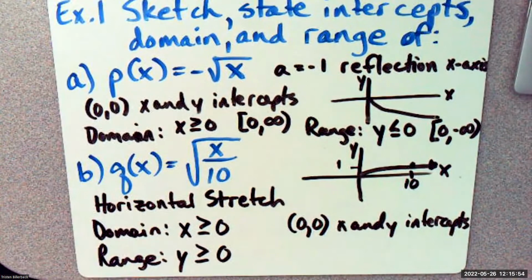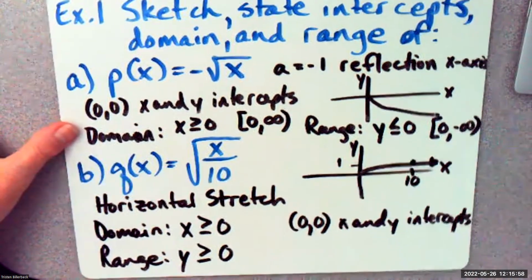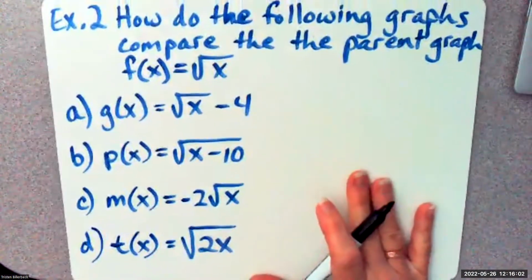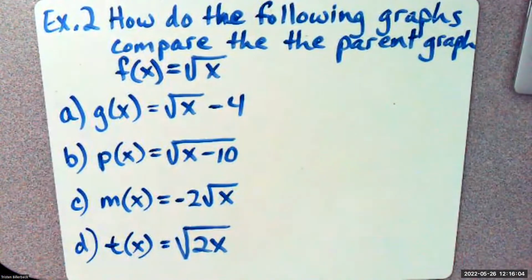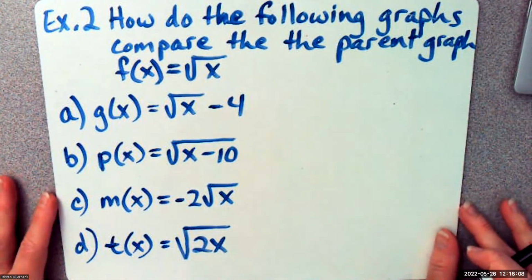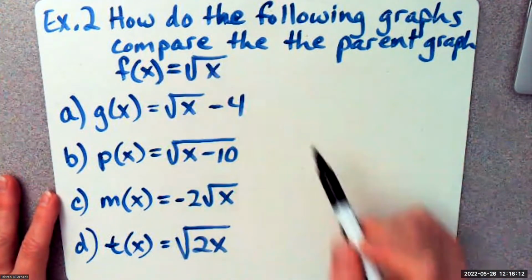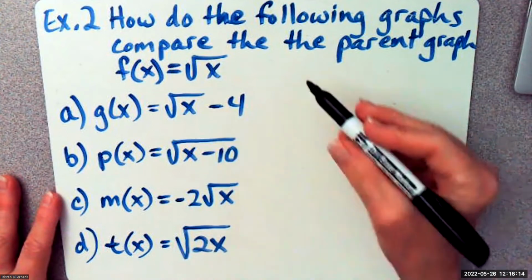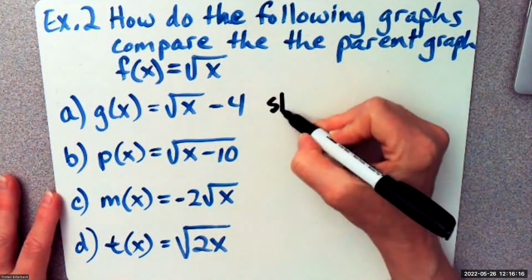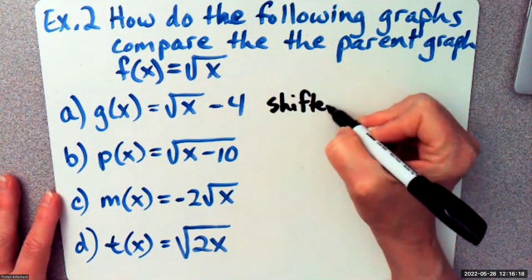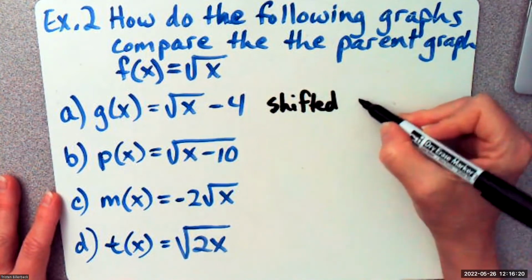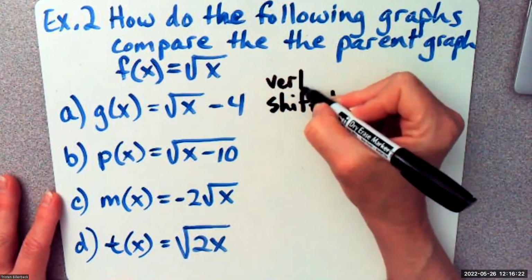Okay, so let's take a look at something that might not be as easy. Well, it could be because we've been talking about this the whole year. So how do the following graphs compare to the parent graph f of x equals the square root of x? Well, this one we know is vertically shifted.